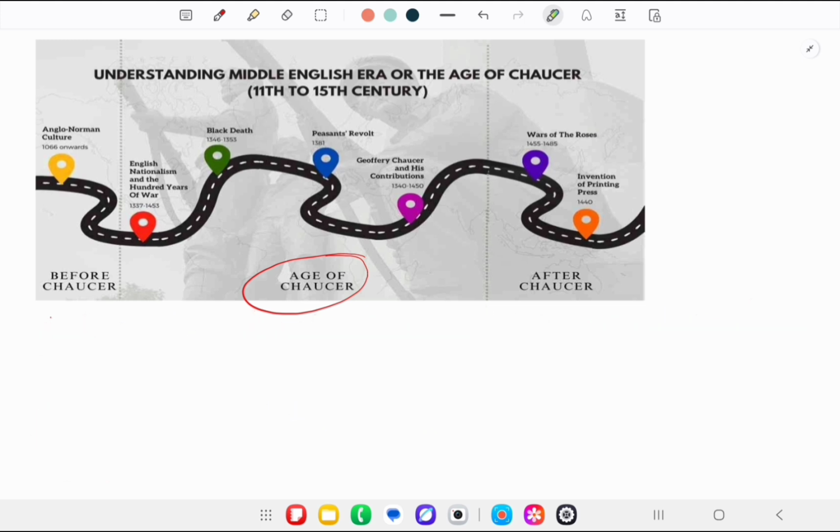and became recognizable as modern English.